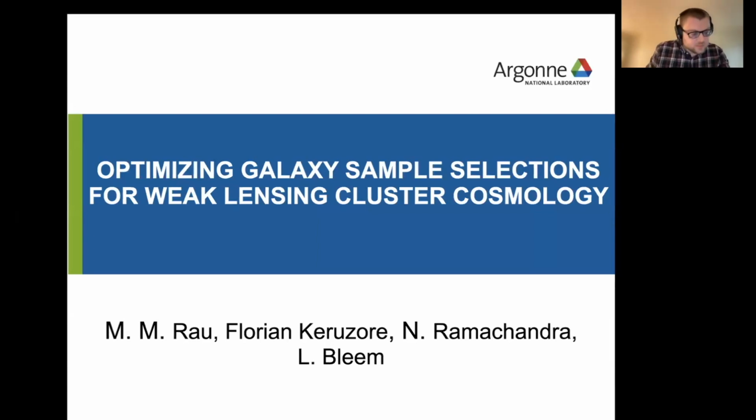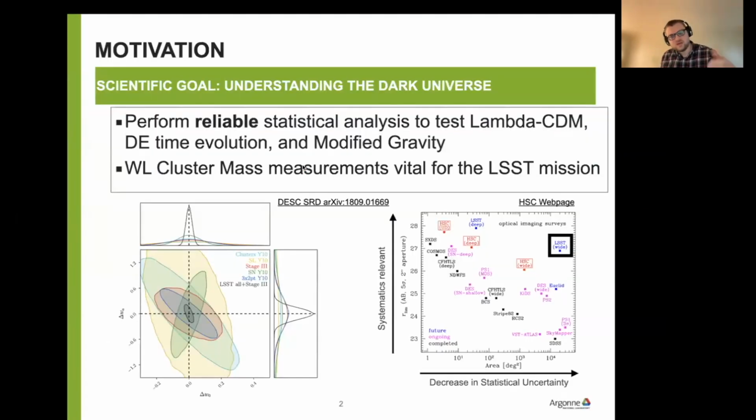Thank you so much for giving me the opportunity to very briefly talk about this project that we are doing here at Argonne on optimizing the galaxy sample selection for weak lensing cluster mass measurements. So very briefly, the accurate estimation of weak lensing cluster masses is very vital for future surveys like LSST.